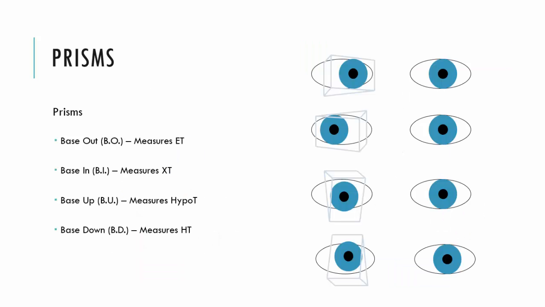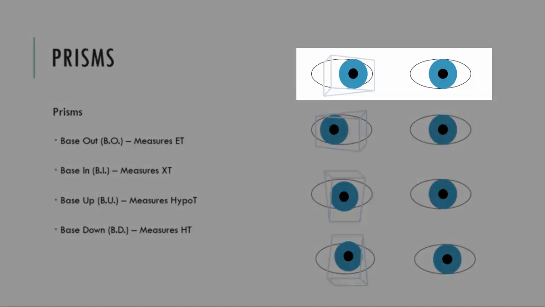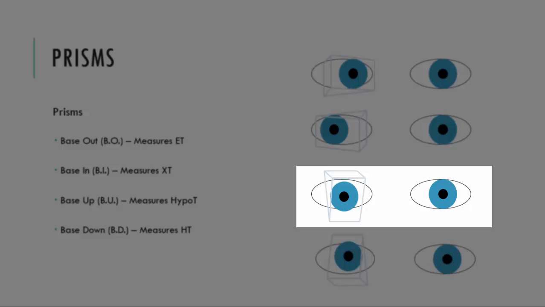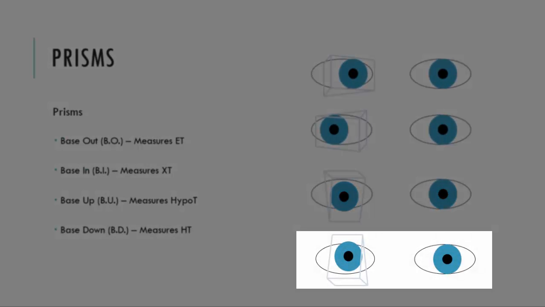So for a patient with an esodeviation, we always put the base out. For a patient with an exodeviation, we always have the base in. For a hypodeviation, it is up, and for a hyperdeviation, it is down.